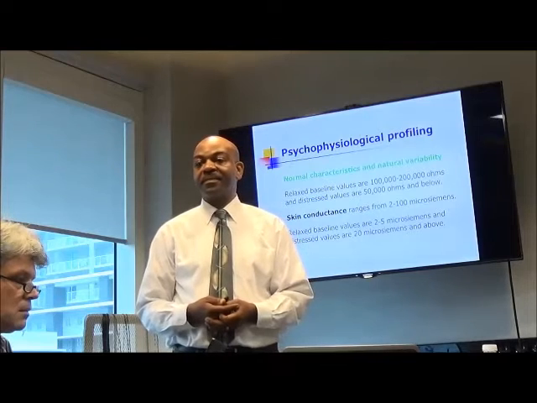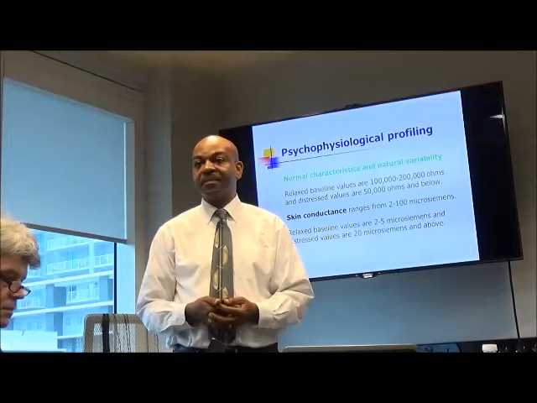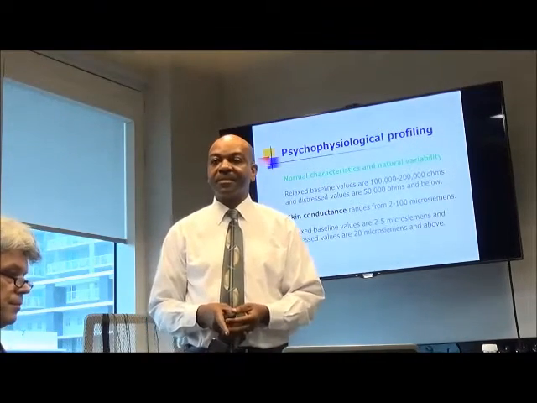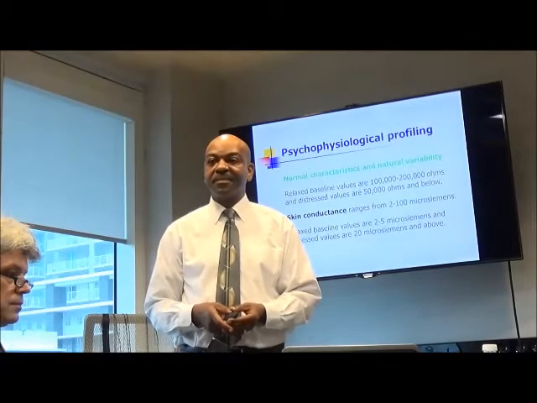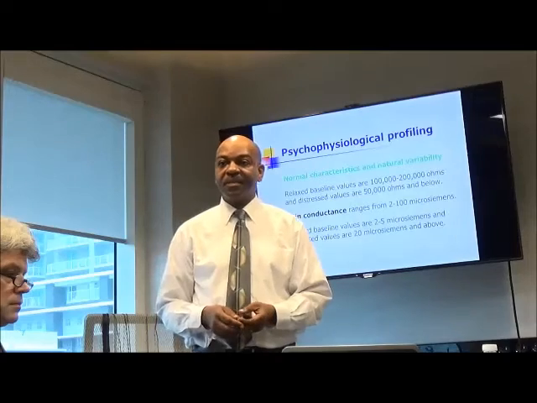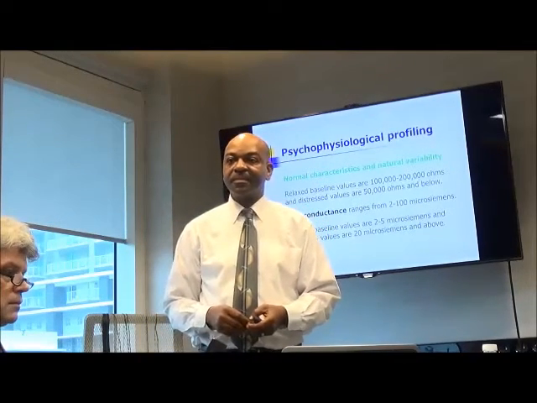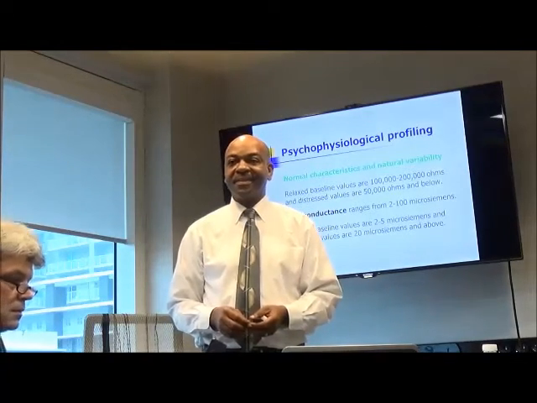So above 3 microsiemens, it is attention, but not stress, not even arousal. Around 7 or 8 microsiemens is the beginning of arousal, and above 10 microsiemens we are having a real arousal response, up to 30 or 40 microsiemens, where you are talking about real arousal.